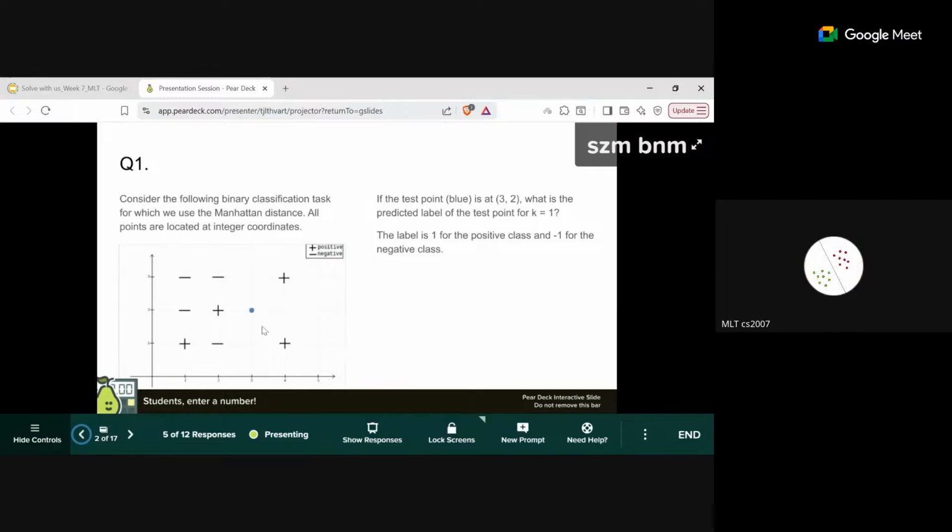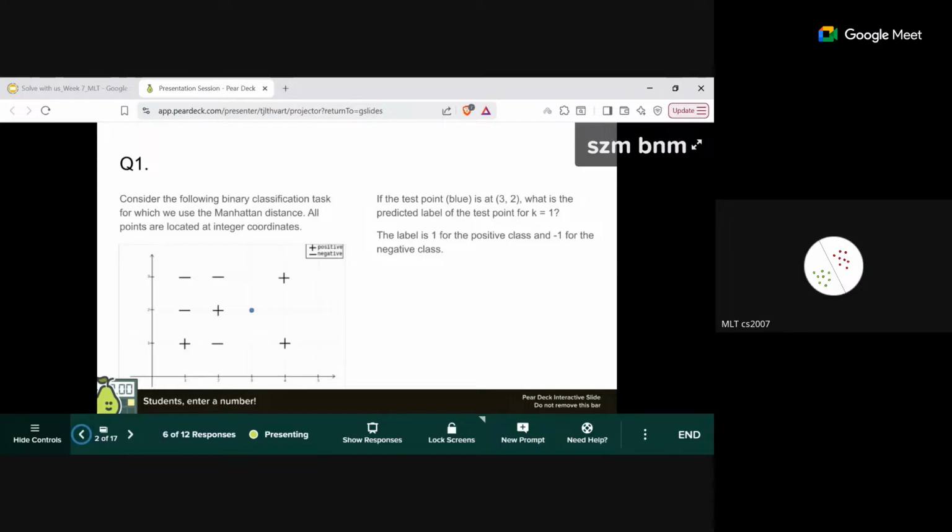No, not geographically. See, Manhattan distance is different from the Euclidean distance. Manhattan distance is when you take the absolute values of the differences in both coordinates, and that's how you calculate the distance here.